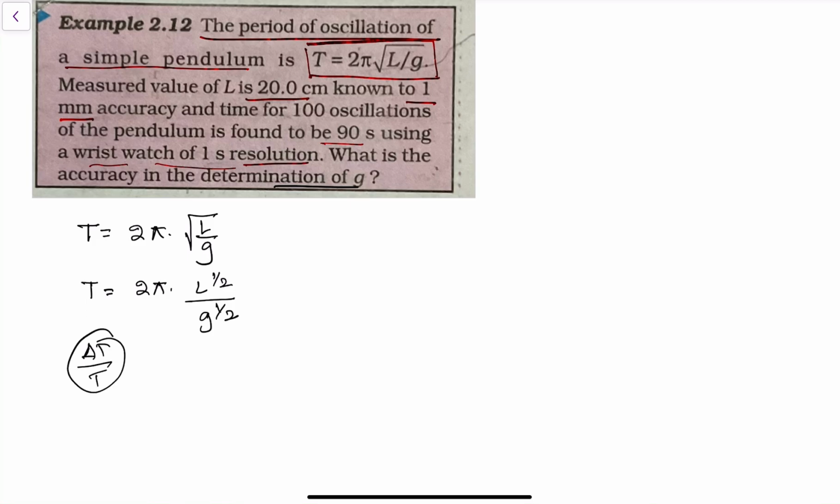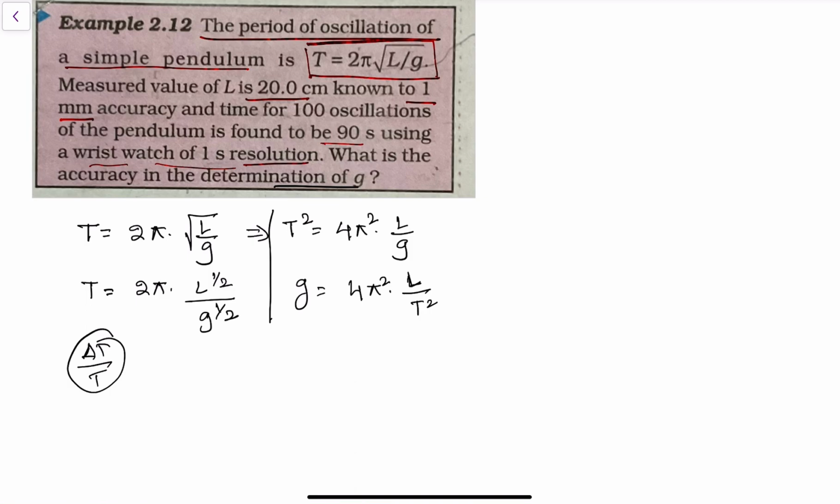But we will convert the formula. So T square is equal to 4 pi square into L by g. Now g is equal to 4 pi square L by T square. So now we will find the error and accuracy in g.